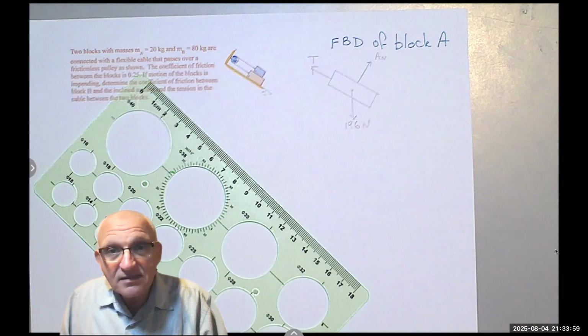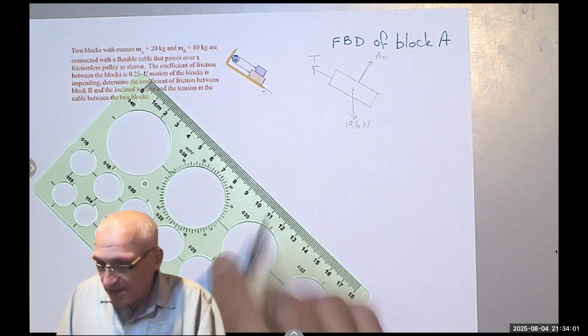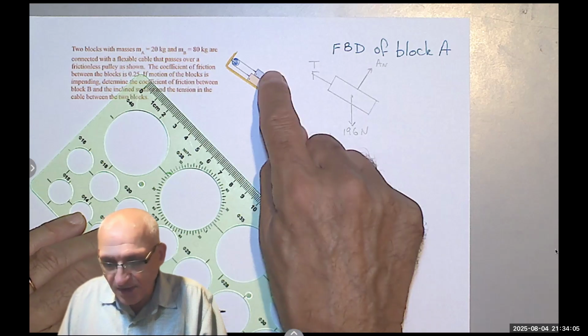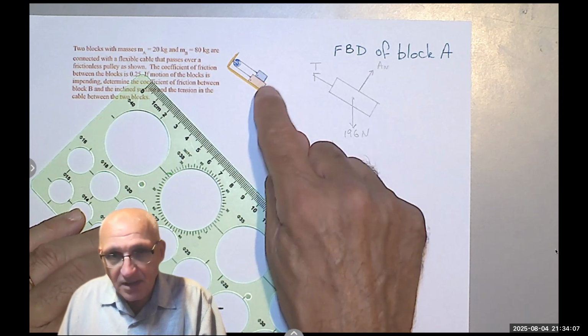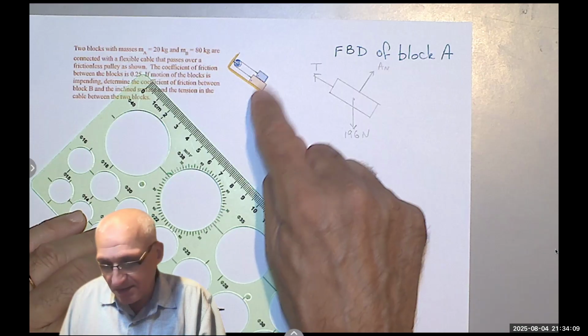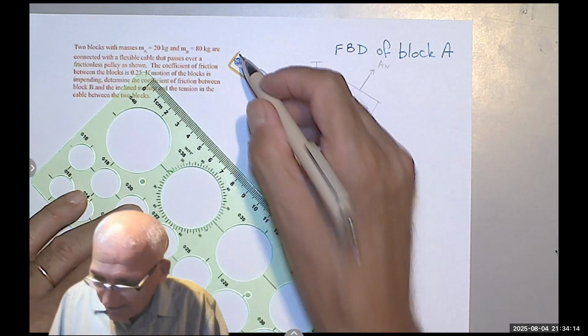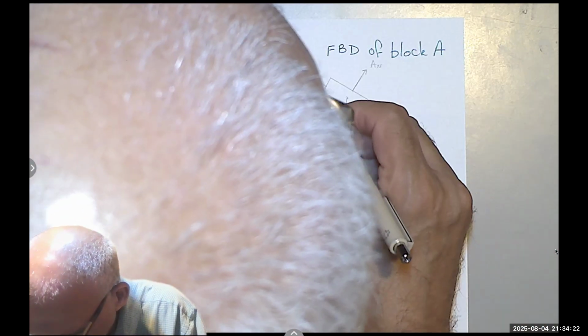And what else? Yes, you said it. If this bottom block is going to slide down, then the top one will be sliding up on the bottom crate or block. So since it wants to move up, the friction will be going down, and we're going to refer to that as A sub F.